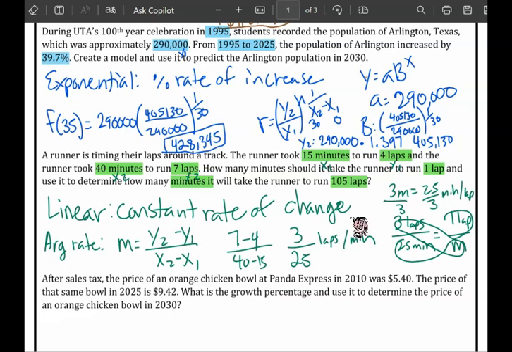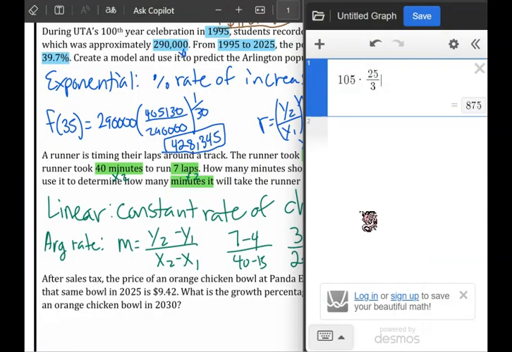Now to find the amount of time for 105 laps, we would just multiply this by 105. This would be 875 minutes. And then if we want to convert this to hours, just divide it by 60.